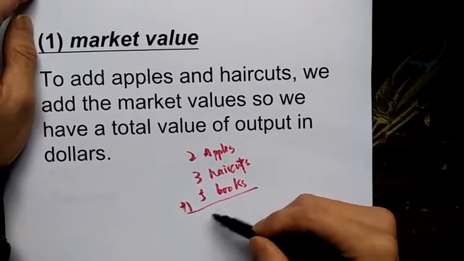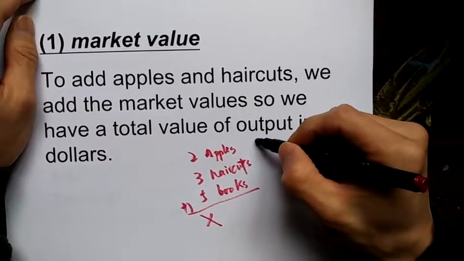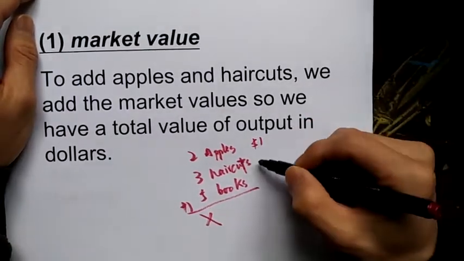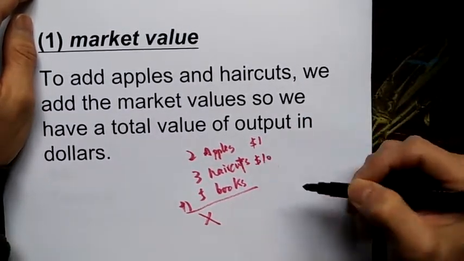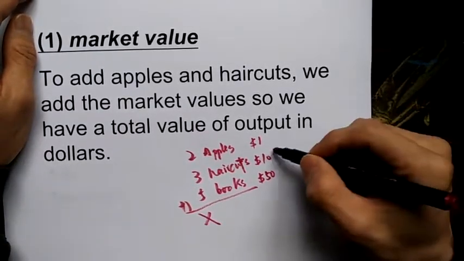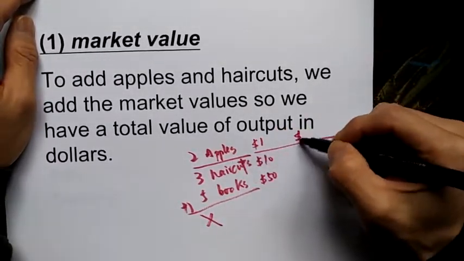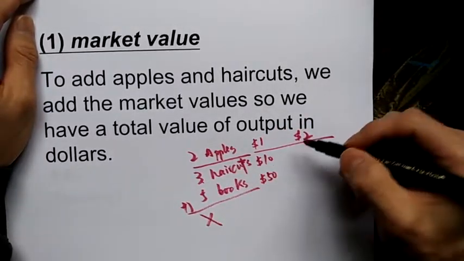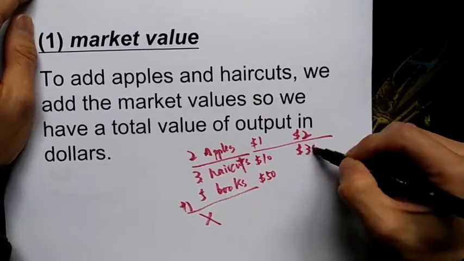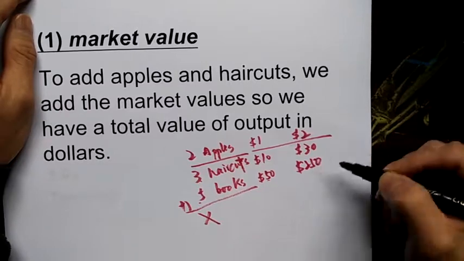We cannot add them up. But if an apple is $1 each, a haircut is $10 each, books are $50 each, then 2 apples are equivalent to $2, 3 haircuts are equivalent to $30, 5 books are equivalent to $250.